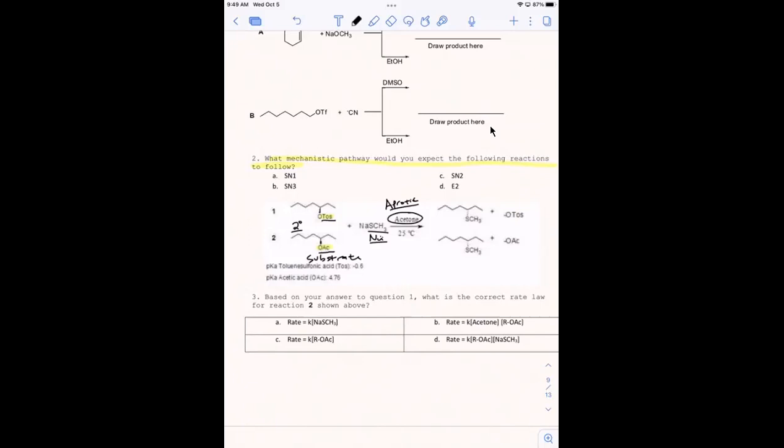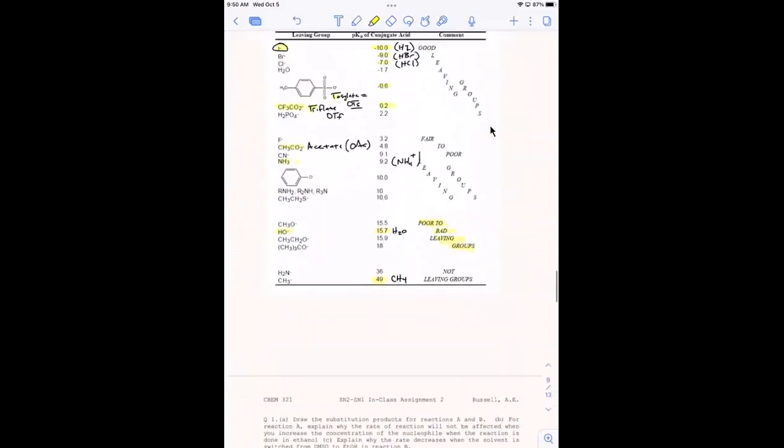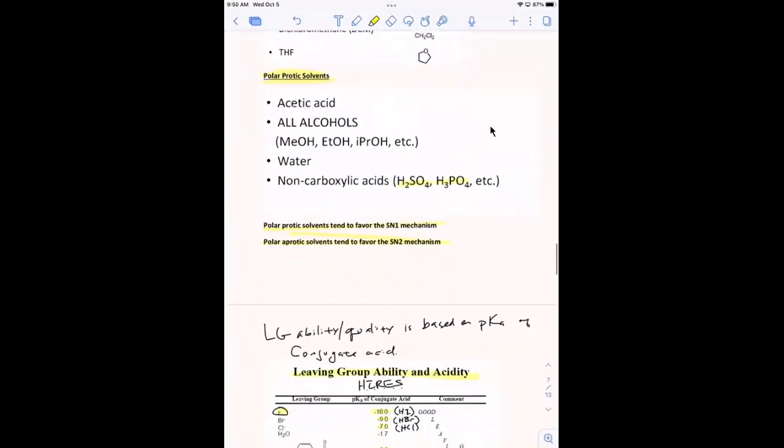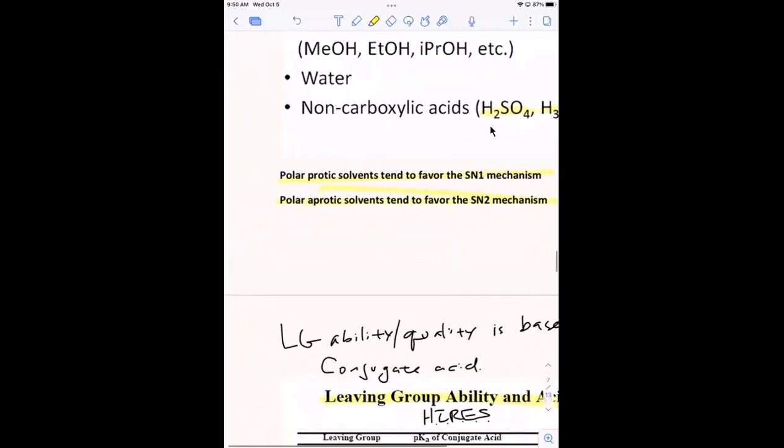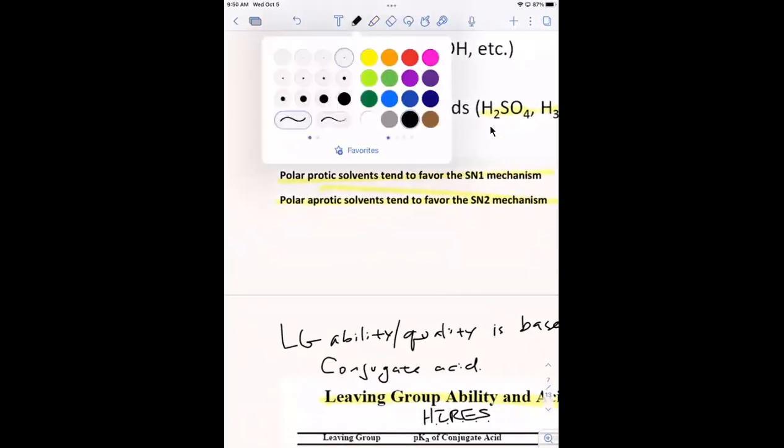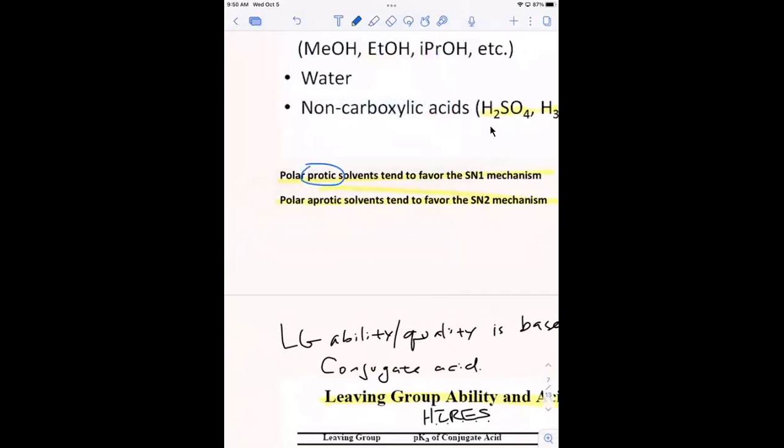Wouldn't it be SN2? Let's go back up to here. We said that protic solvents favor the SN1 mechanism. Aprotic solvents favor SN2.